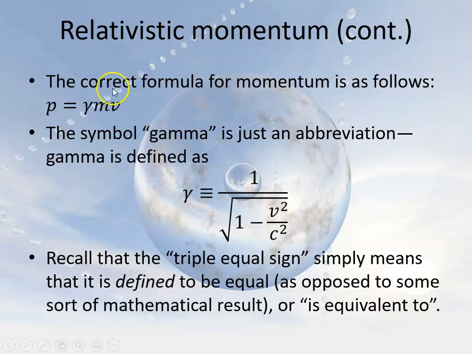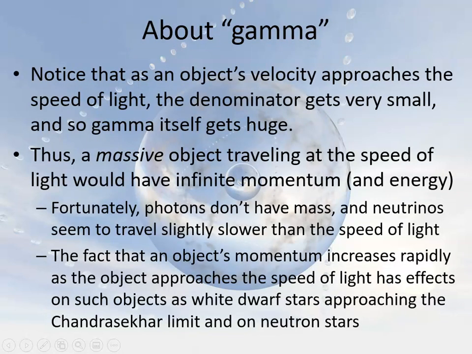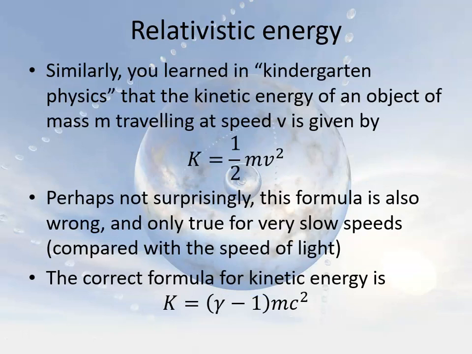So we see that if something's going at 99% of the speed of light, P is not equal to mv. It's more like 7 times mv. And as you get closer and closer to the speed of light, the momentum becomes larger and larger compared with the traditional P equals mv calculation. Same thing goes with kinetic energy. We imagine that it's 1/2 mv squared, but actually the real formula is gamma minus 1 times mc squared.